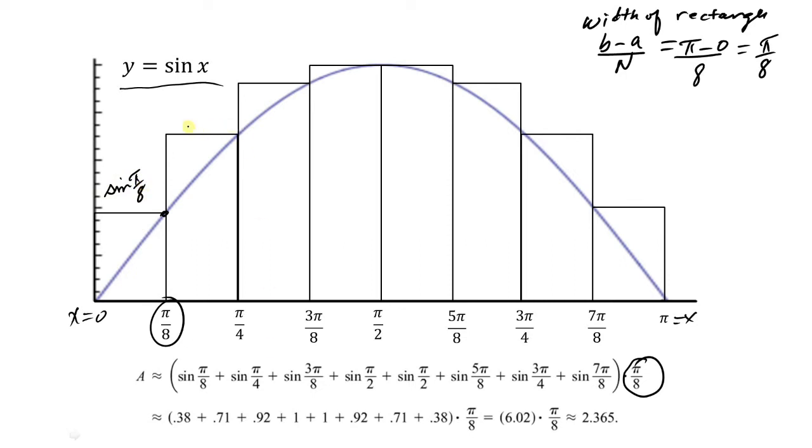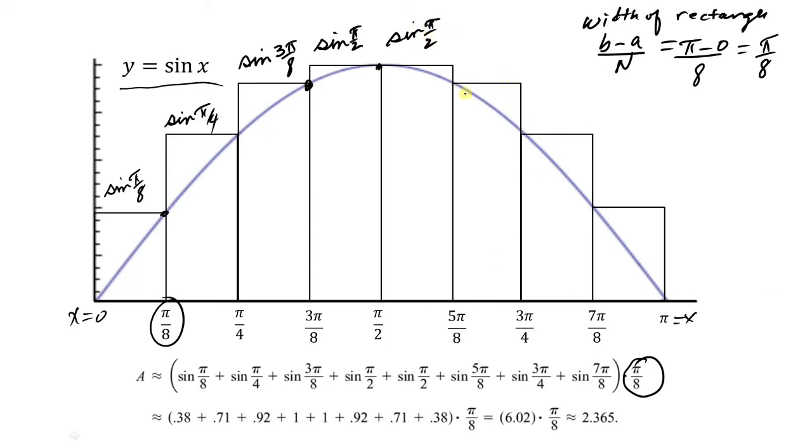The height of the second rectangle is going to be sine of pi over 4. The height of the third rectangle is going to be sine of 3 pi over 8. The height of the fourth rectangle is going to be sine of pi over 2. And the height of the fifth one is going to be sine of pi over 2.